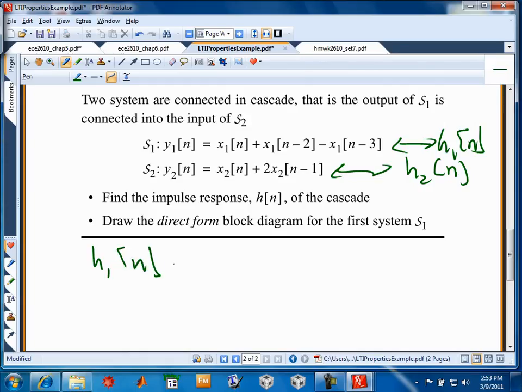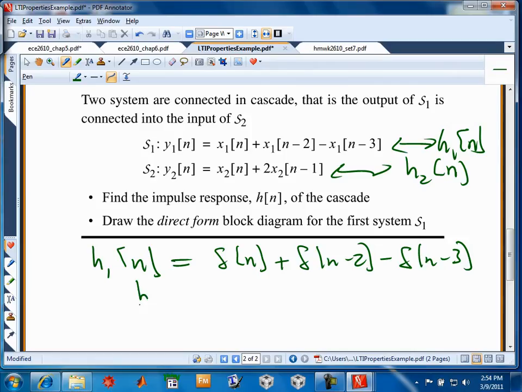What's the impulse response here? Another way of describing this would be the bk's for this would be 1, 0, 1, minus 1, right?